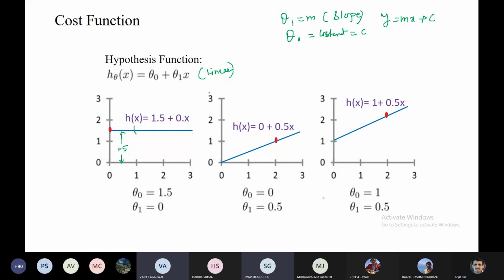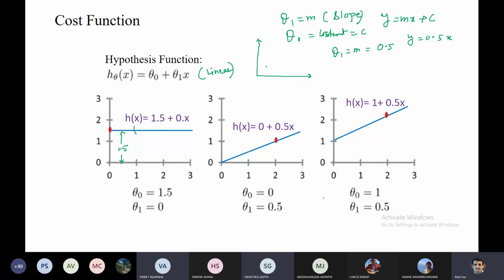Okay. Now we can put theta 1, that means m, equal to 0.5. So 0.5 means y is equal to 0.5x, and theta 0 is equal to 0.